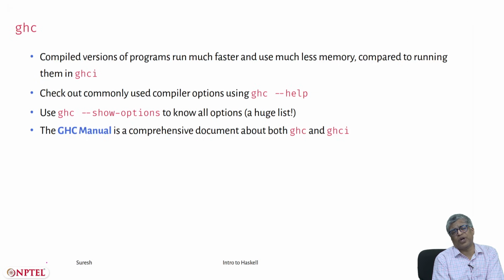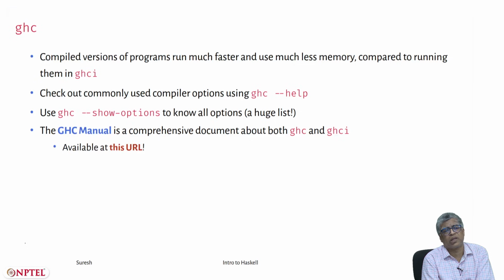You can easily search for it on the internet, and that's a comprehensive document both about GHC and GHCI. It's not about Haskell programming per se, but about actually using GHC, with various options and so on, lots of options related to optimization, for instance. We'll try to provide these slides, and this is a clickable URL; if you click on this URL, you will be able to access the GHC manual.